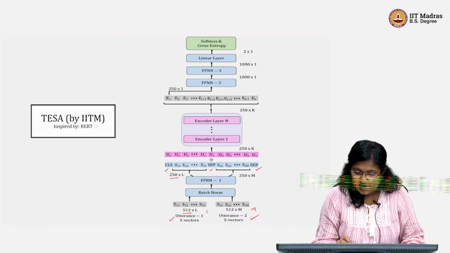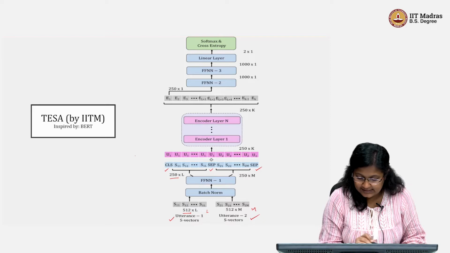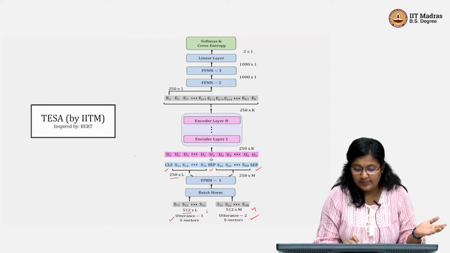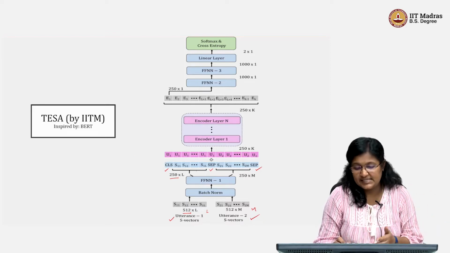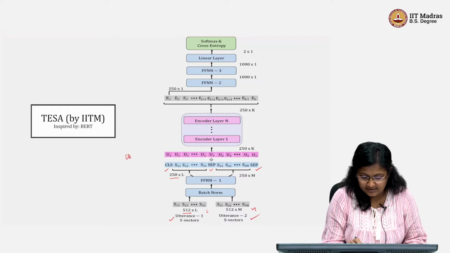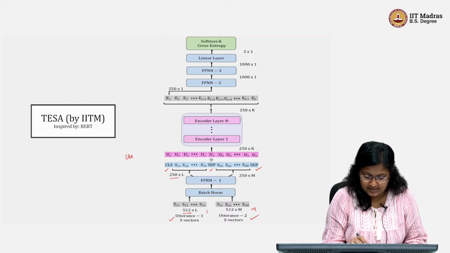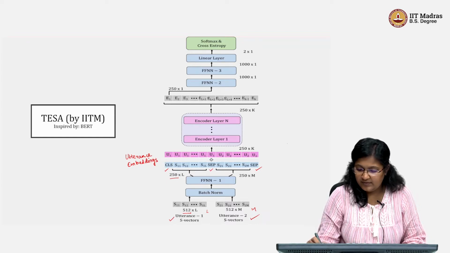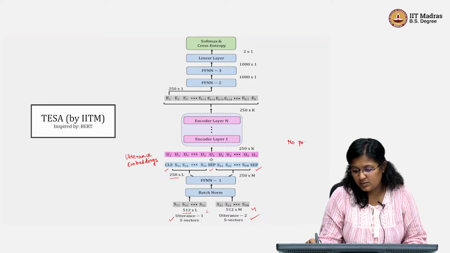After this you just add the sentence embeddings as in BERT, right. Here we call them utterance embeddings, okay. And we do not add position embeddings here, for an obvious reason, because there is no continuity, it is just a set of S vectors.